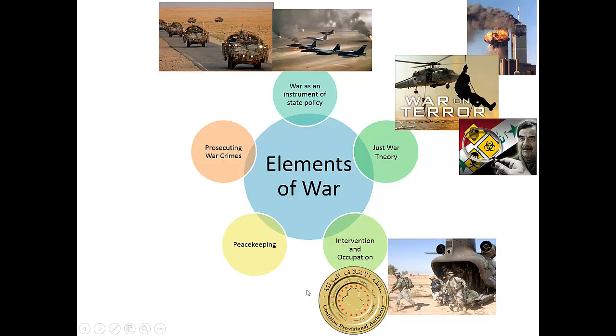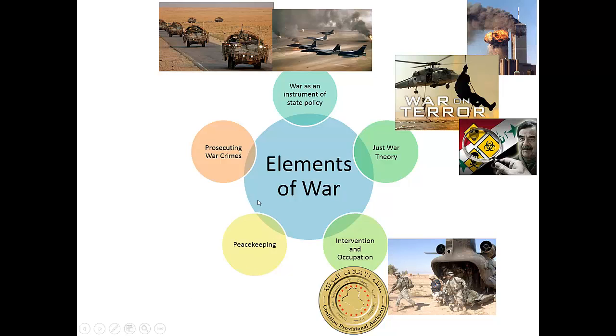And in the case of the Iraq War, the occupation lasted about 8 years, and it also involved some political moves. So the occupation involved setting up the Coalition Provisional Authority, a temporary government led by an American. This was followed by an interim Iraqi government, again, a temporary government, this time led by an Iraqi, put in place by the Americans.